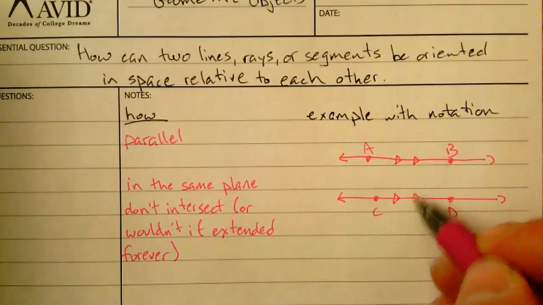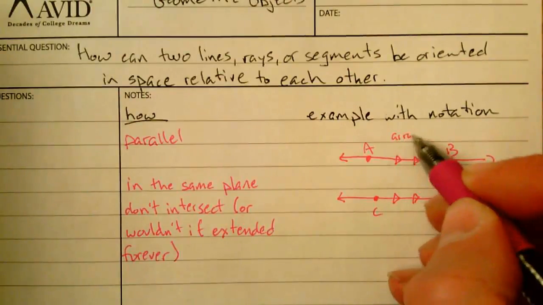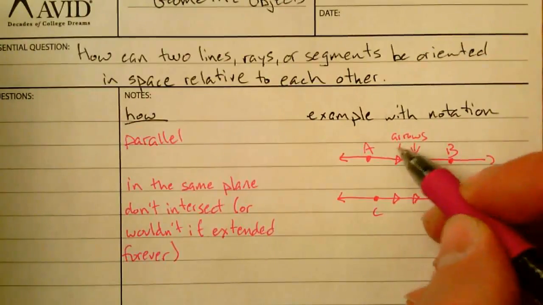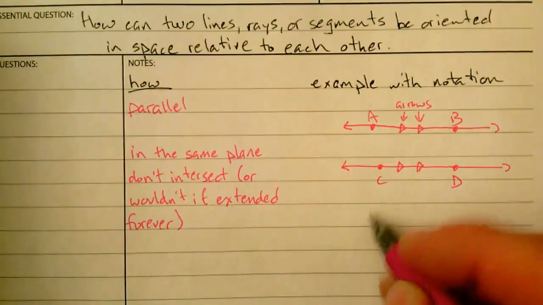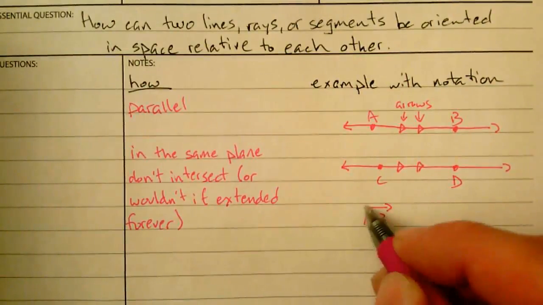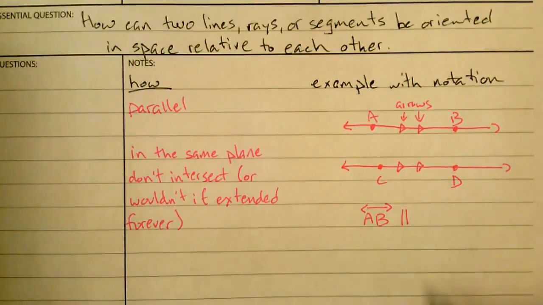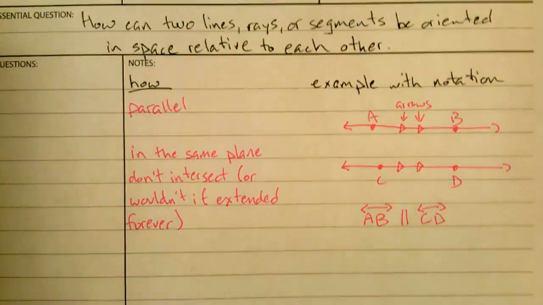And sometimes it's one little arrow, sometimes it's two little arrows. Arrows on the diagram show that they're parallel. And we would write AB with our line over it is parallel to CD, like that.